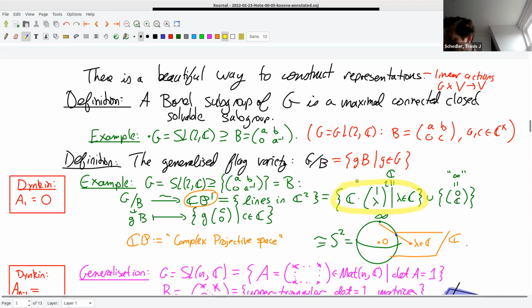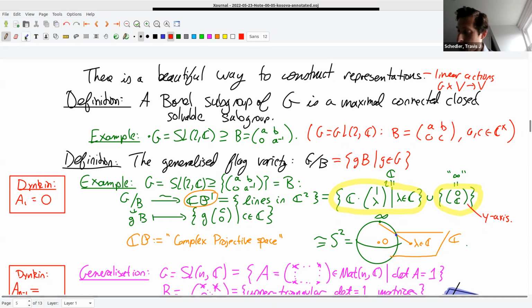So that would be a multiple of the vector (1, lambda) for any lambda in C. So this gives us a copy of C here. Or we could have the lines where the first coordinate is 0. So this is just the y-axis. So we could divide into the y-axis and everything else, and everything else gets identified with C. So we can realize what we have here as a union of C and another point we'll call infinity.